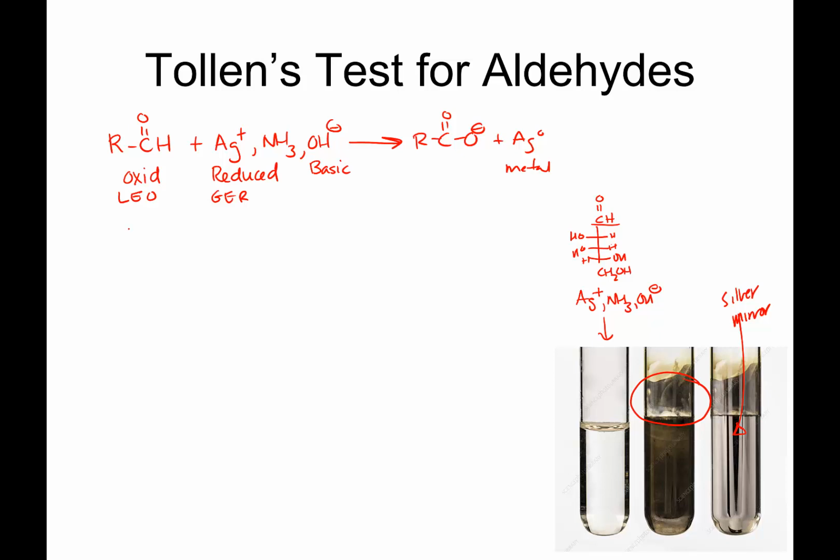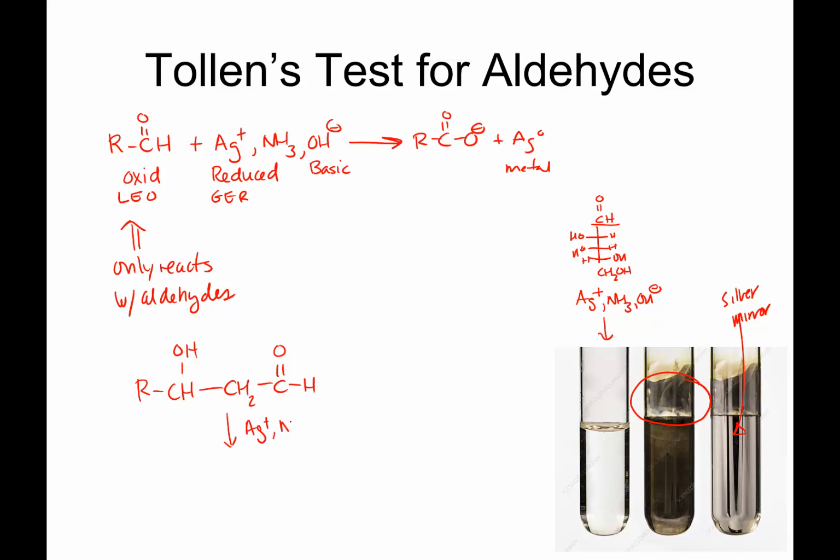The thing is, this is specific. This reagent only reacts with aldehydes. It won't react with alcohols or double bonds. It only reacts with aldehydes. So, for instance, if I had a secondary alcohol and an aldehyde in the same molecule, and I wanted to oxidize the aldehyde, I could treat that with the silver ion, ammonia and hydroxide, and it would only oxidize the aldehyde.